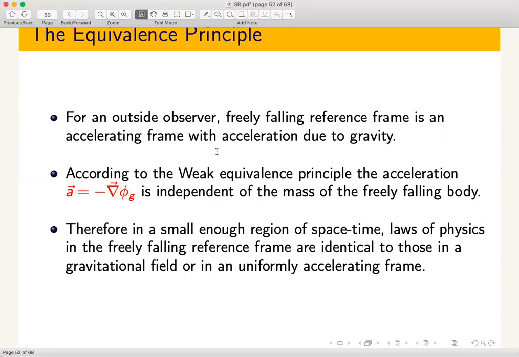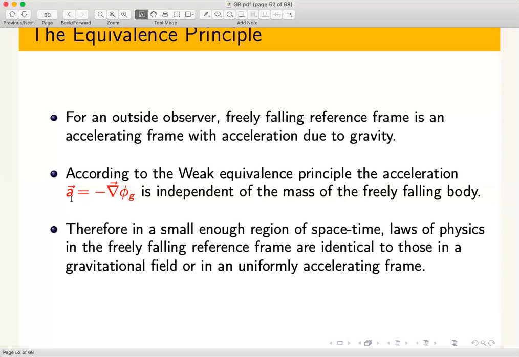So according to the weak equivalence principle, that acceleration is related to the gradient of the gravitational potential, and it does not care about how the body is composed. In that sense, the mass of the body is irrelevant in determining the gravitational acceleration.